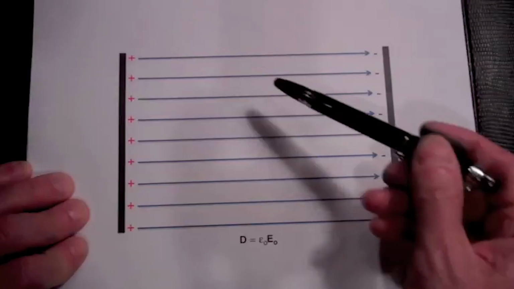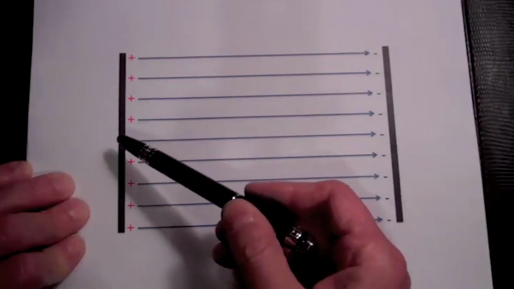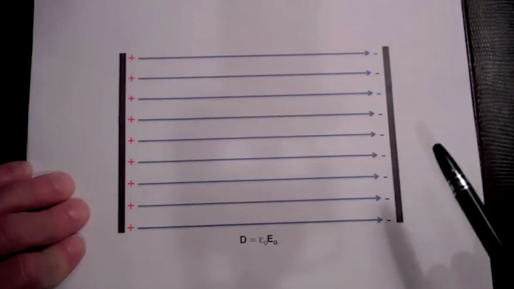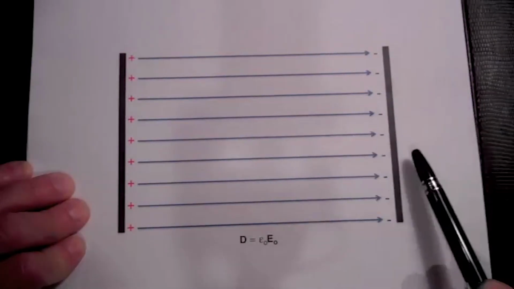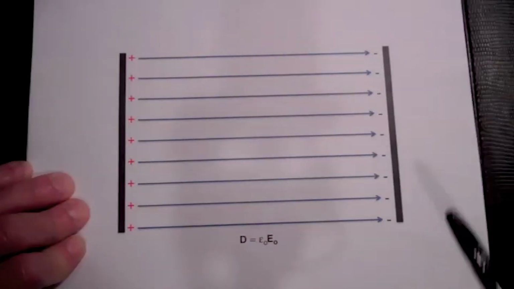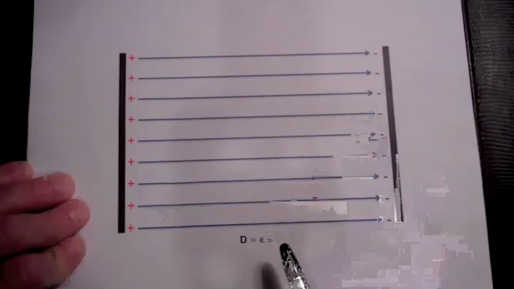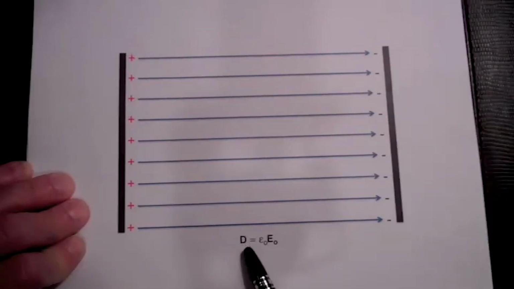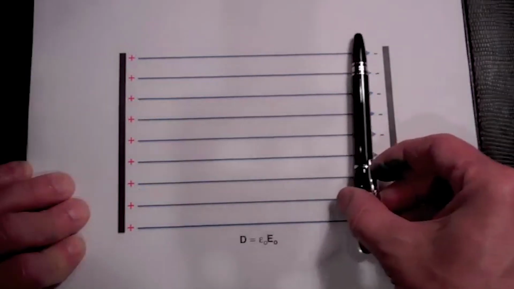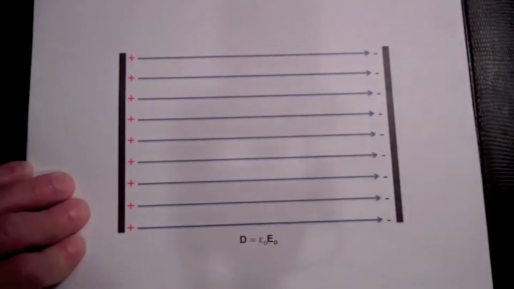Okay, so now what we're going to do is place a dielectric in here. The plates are charged and disconnected from a voltage source, so we know that the free charge on the plates will not change, and hence, since the electric flux density is just associated with free charge, the electric flux density will not change in this region even when we introduce a dielectric.